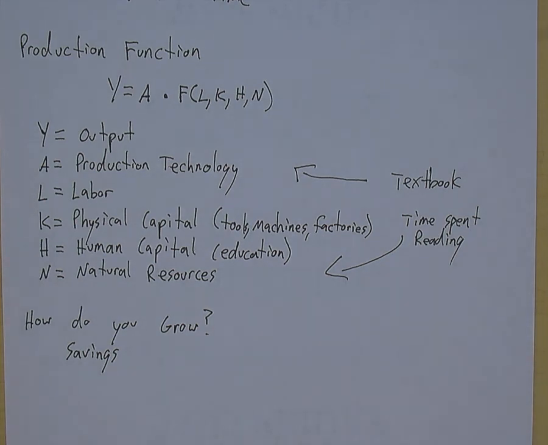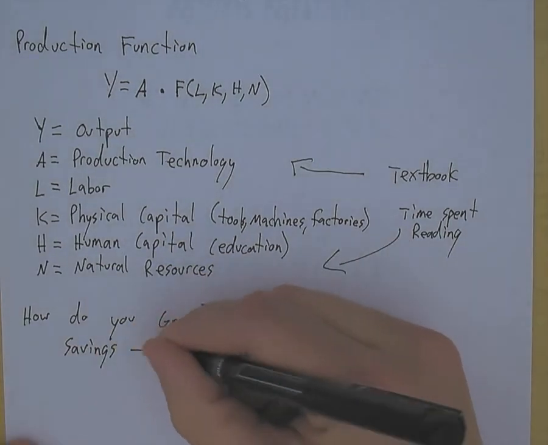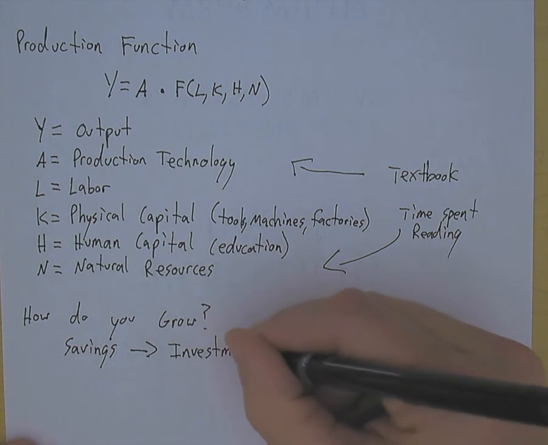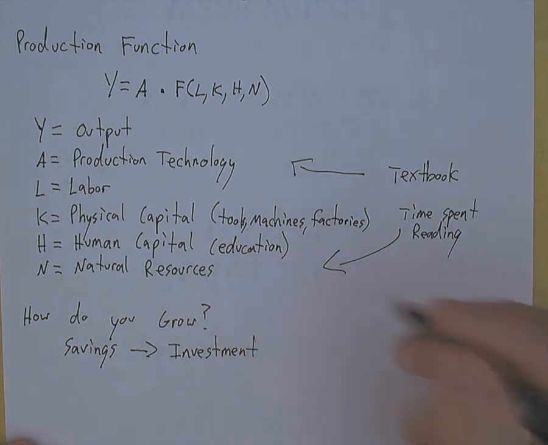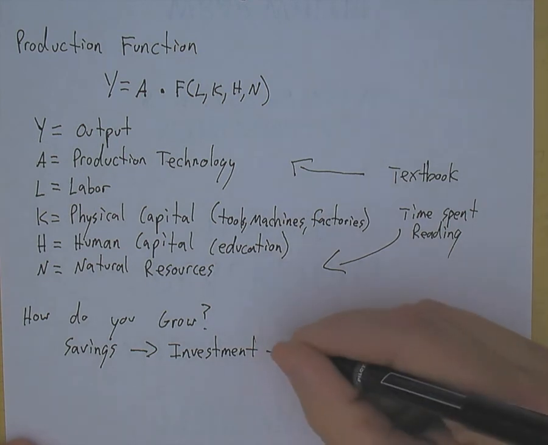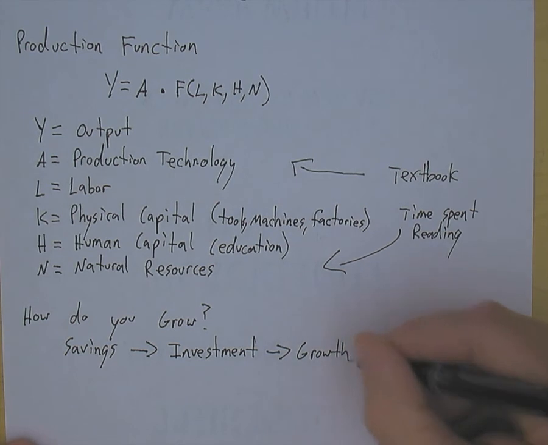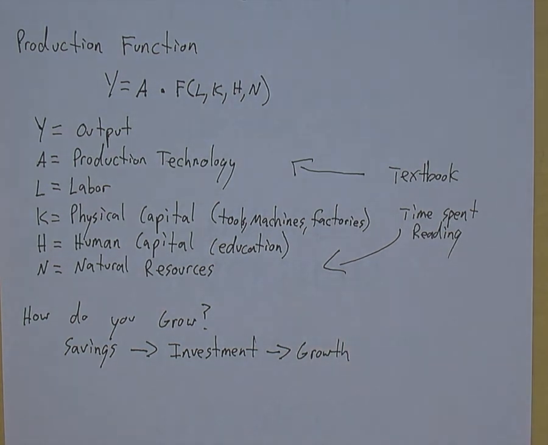If you want to increase the productivity and the growth in your community, save more money, consume less. How does this work? Savings is turned into investment. And investment is things like physical capital, human capital. This then allows growth to take place. And this will then make our people healthier, wealthier, and better off.